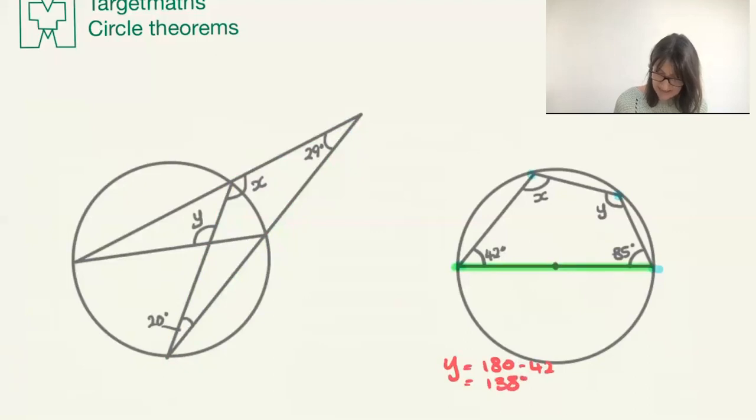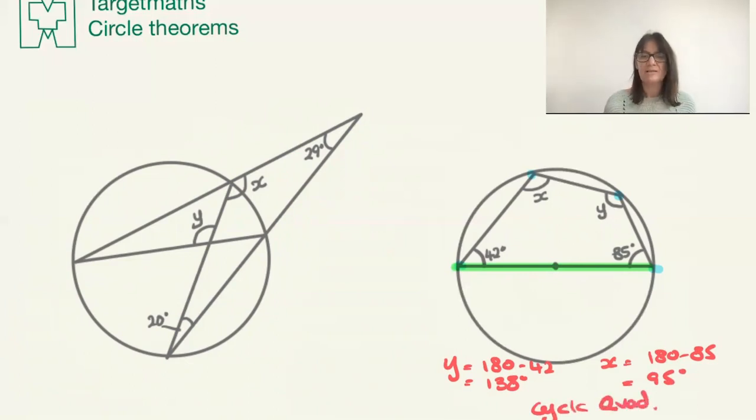And x is going to be 180 take away 85, which is 95. They both come from the cyclic quad rule. So if I was going to write that out properly, I'd be writing out angles opposite add up to 180 in a cyclic quadrilateral.